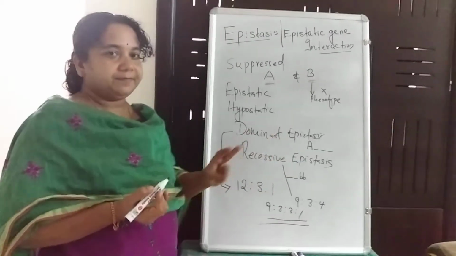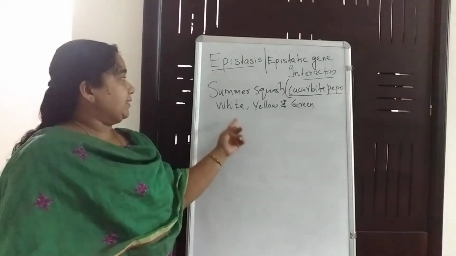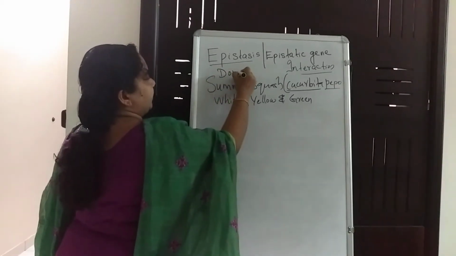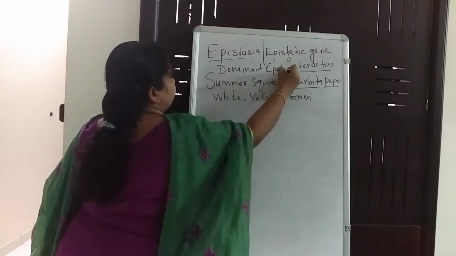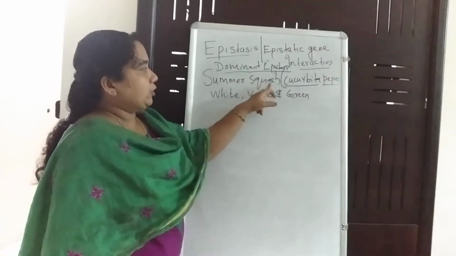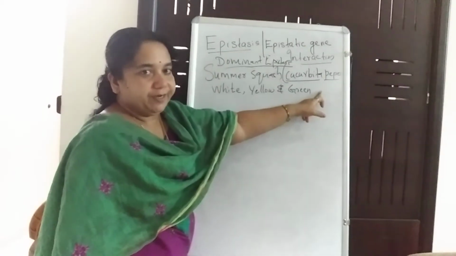Okay. The example for dominant epistasis: we have to study summer squash, Cucurbita pepo is its scientific name.